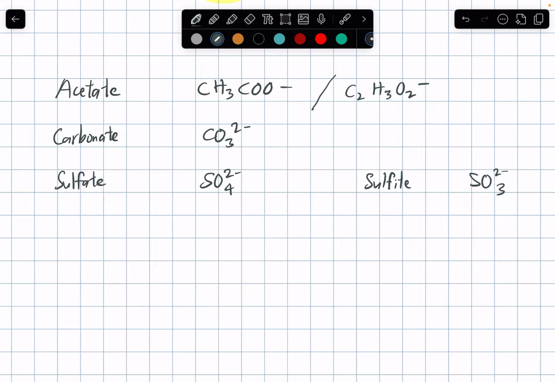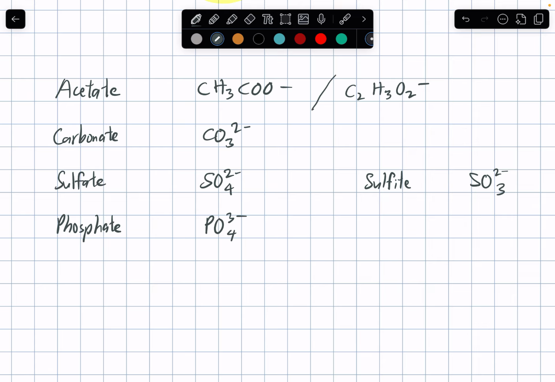Yeah, I think that's how it is. Phosphate is PO4 3 minus. What about phosphite?